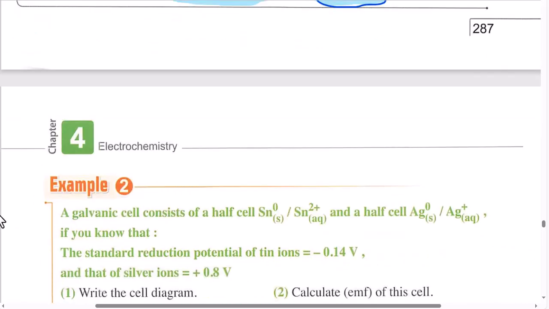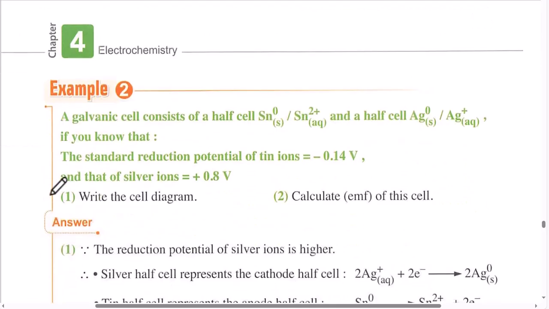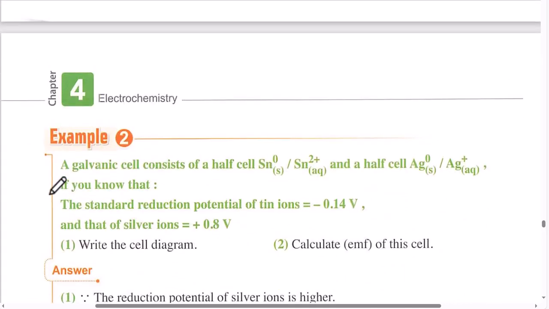We have to answer these questions to understand more how to calculate the electromotive force of any galvanic cell. So a galvanic cell consists of tin, which is oxidized into tin positive 2, and silver, from 0 to positive 1, in aqueous solution.